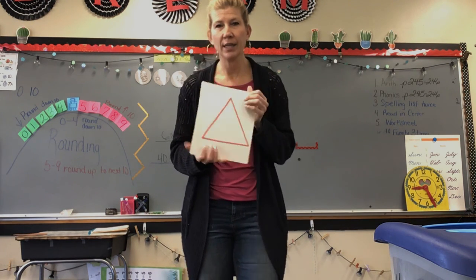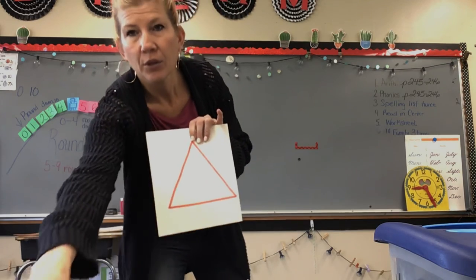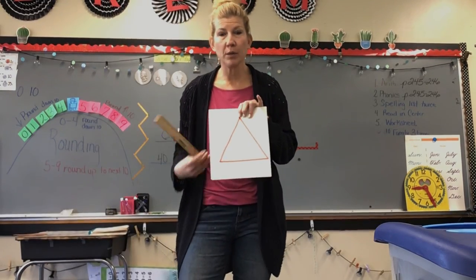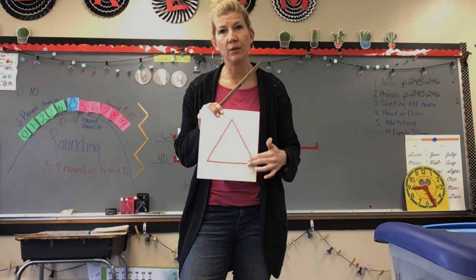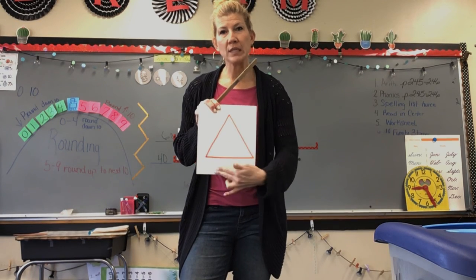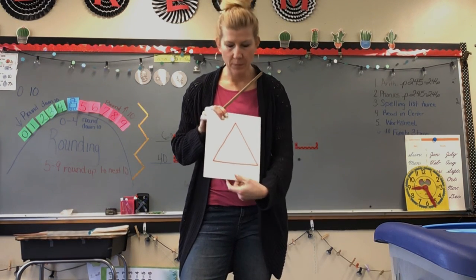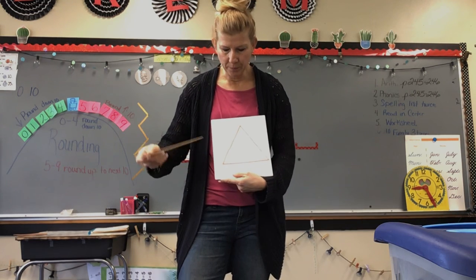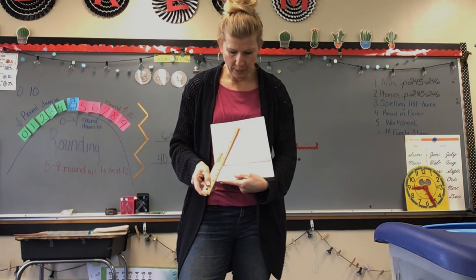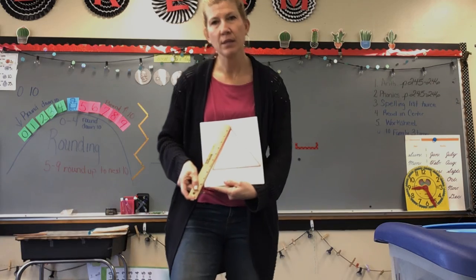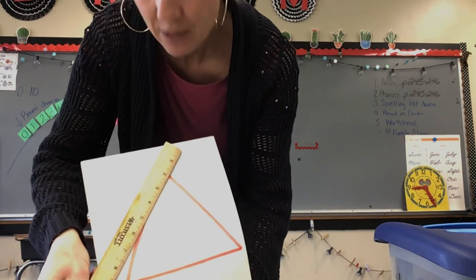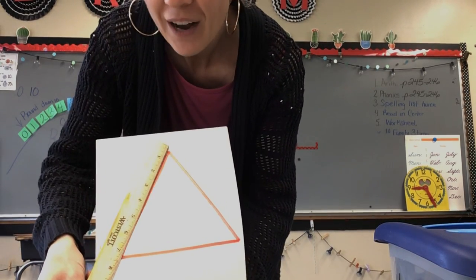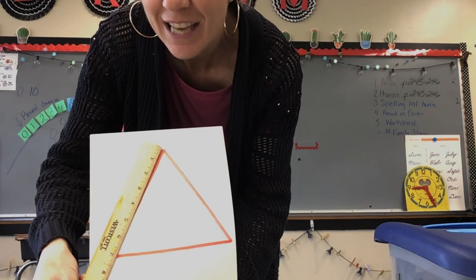Now I want to look at this shape. Now triangle, what do you notice about the perimeter of a triangle? All 3 sides are the same. So if I take my ruler and I measure it out, let me get close so you can see. How long is it? It's 7.